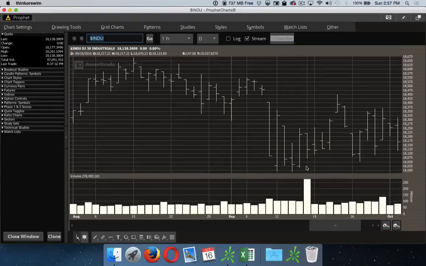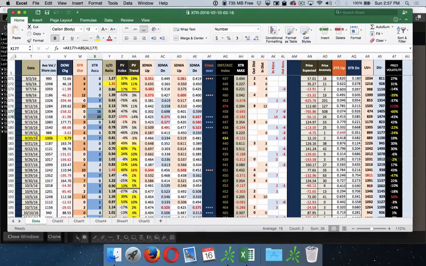We didn't get huge volume until here, which was the 16th. And that was a day that they accumulated a good amount of stock as well. So Brexit was in here, and then we had this kind of back and forth, basically offsetting each other.